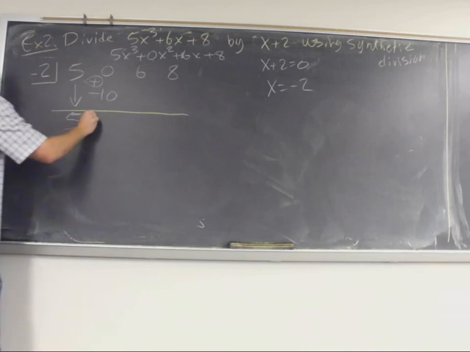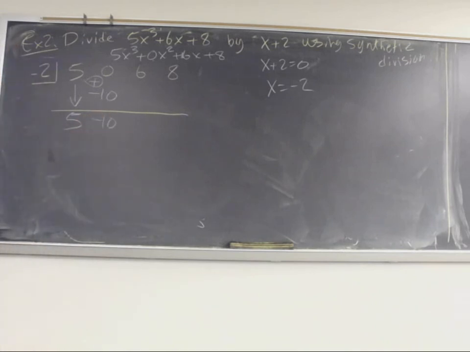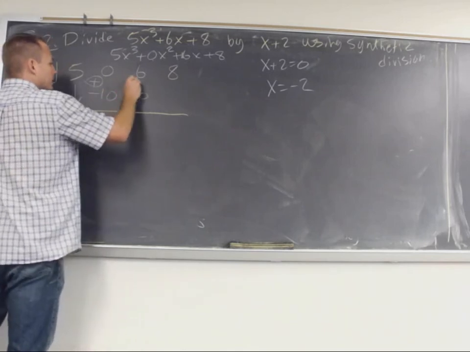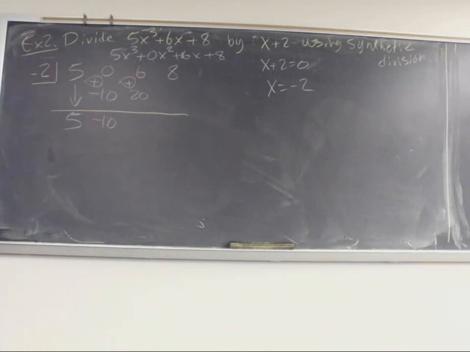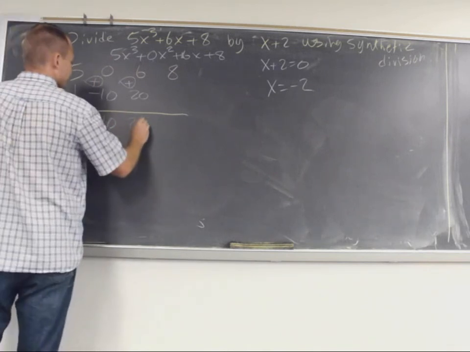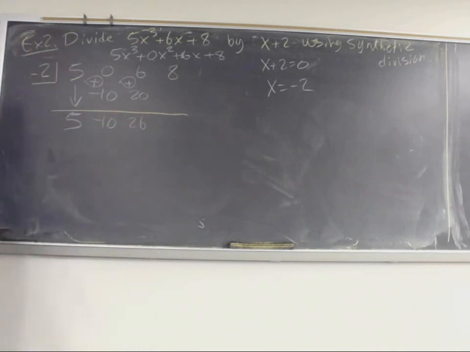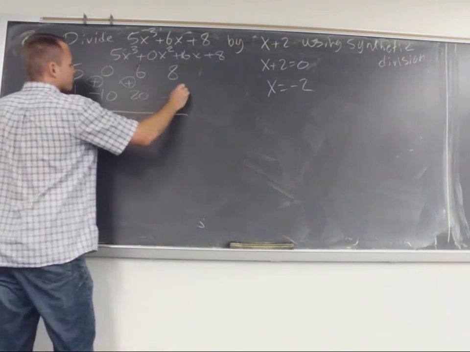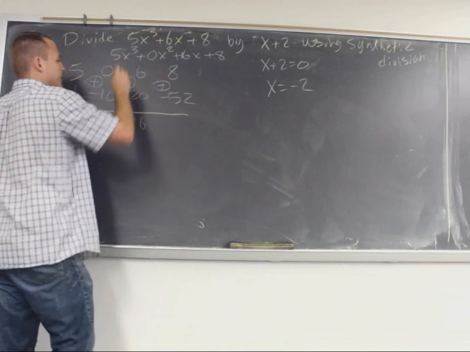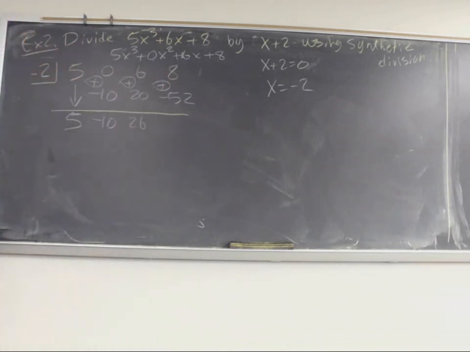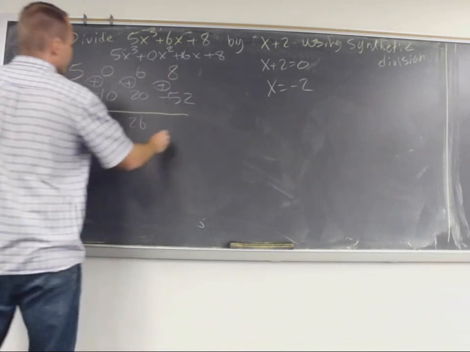Always add down, which is -10. -10 times -2 is a positive 20, and always add down. 26. 26 times -2, -52. Always add down. And then we're almost there. That's -44.